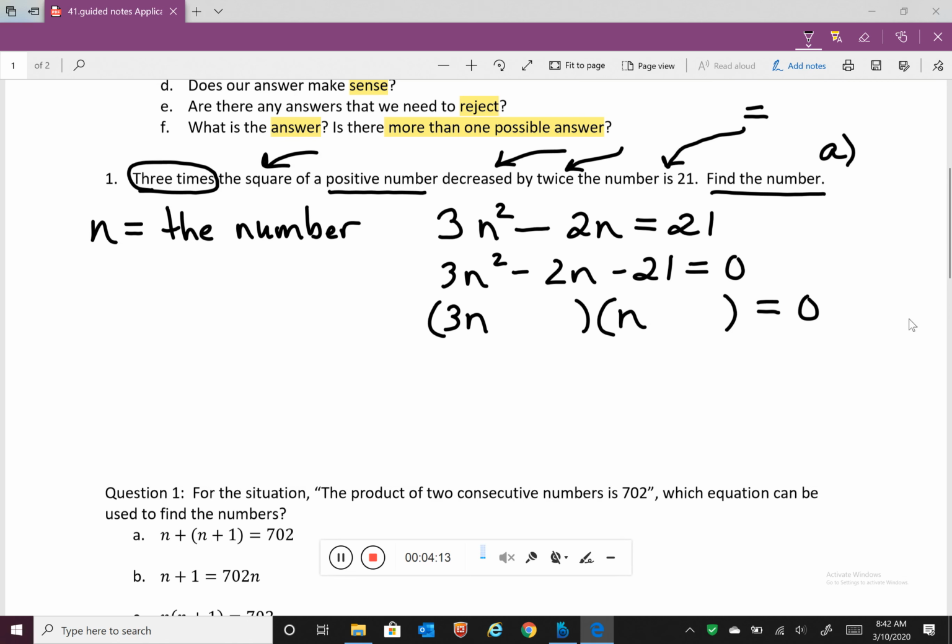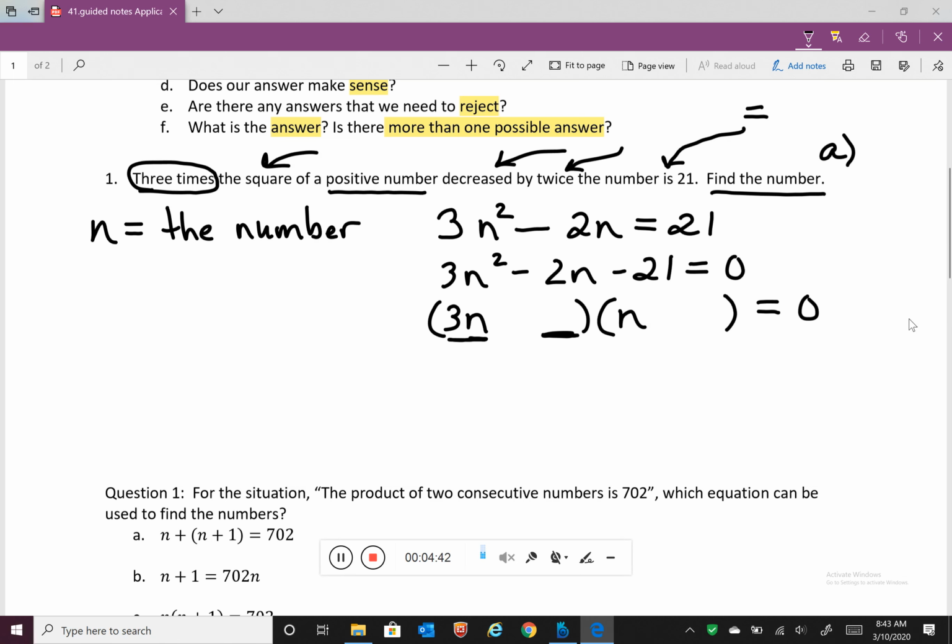But because we said there is no common factor, I know that a 3 cannot be put here, and a 21 could not be put here, because that would indicate that we have a common 3 with this 3n. That limits our possibilities for this space. So if we think about the fact that we have -2n, our largest outside or inside product is going to have to be the -1.